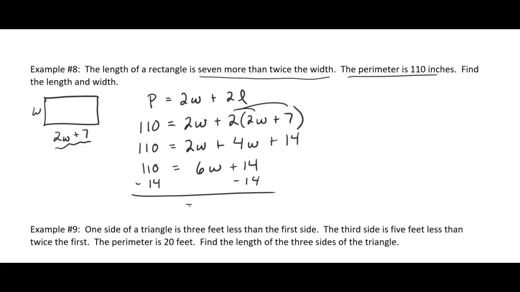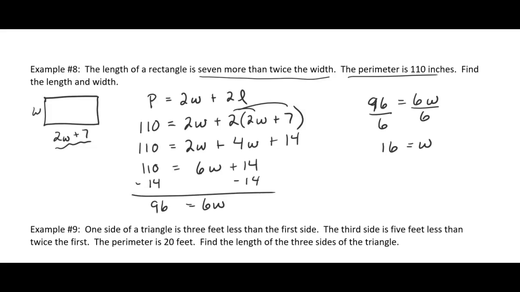And that's going to give me 6W equals, let's see, what is that going to be? 96? Yeah. Okay, so 96 is equal to 6W. So I'll divide both sides by 6. And it goes in 16 times.